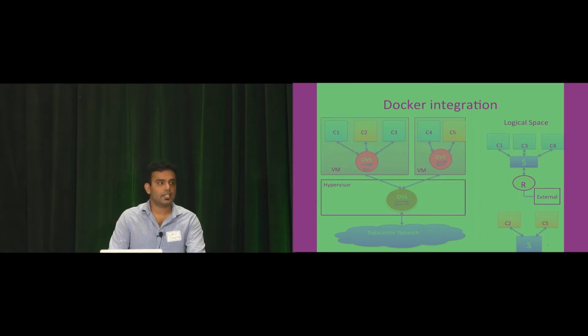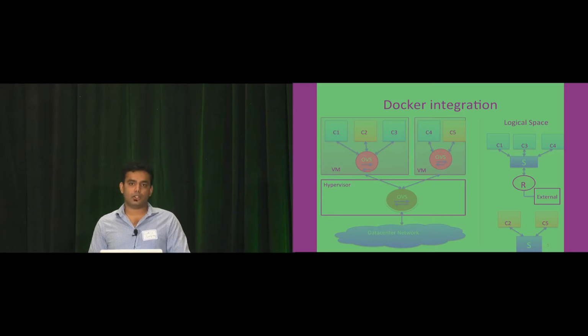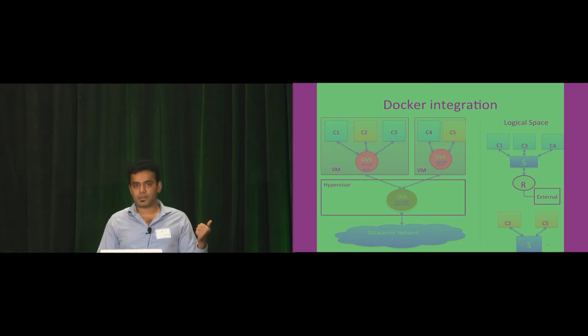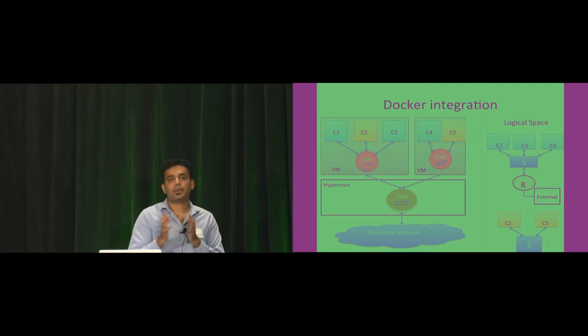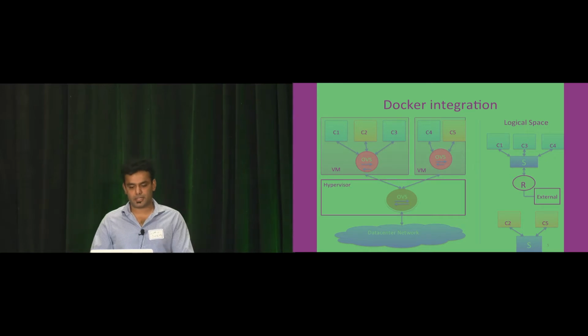So two weeks ago, Docker released Docker 1.9, and Docker 1.9 comes with some networking constructs. You can create something called a Docker network, and you can then attach your containers to that Docker network. In this slide, I have two VMs running around 5 containers. With Docker network, you can separate them out into different logical spaces.